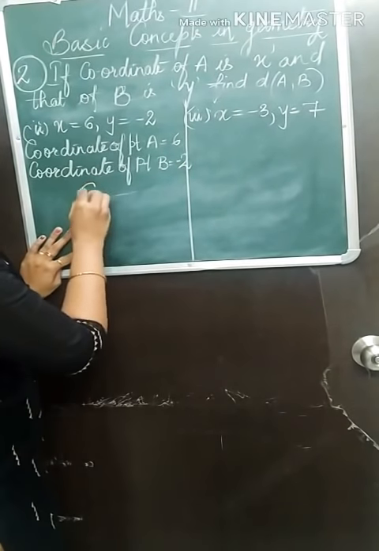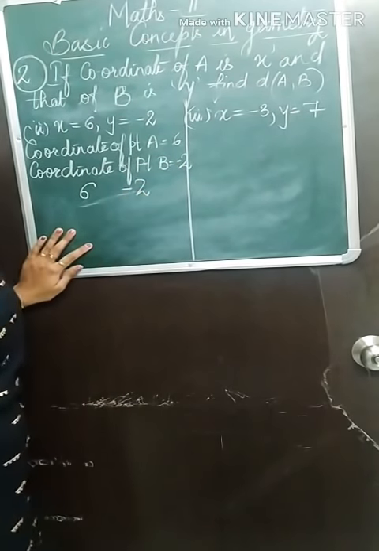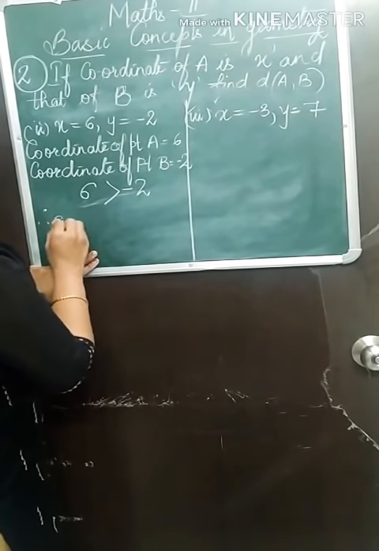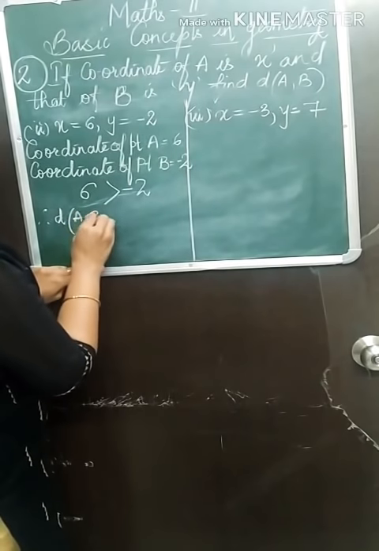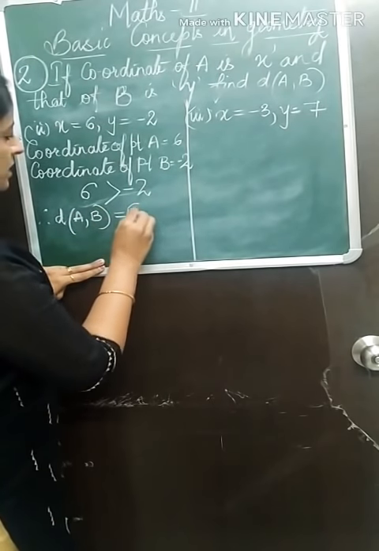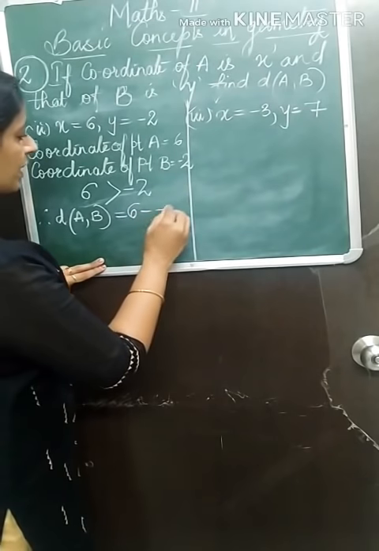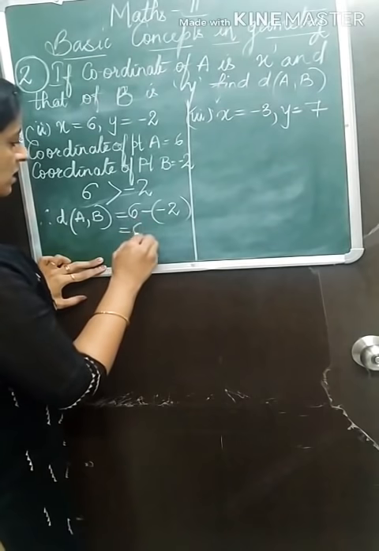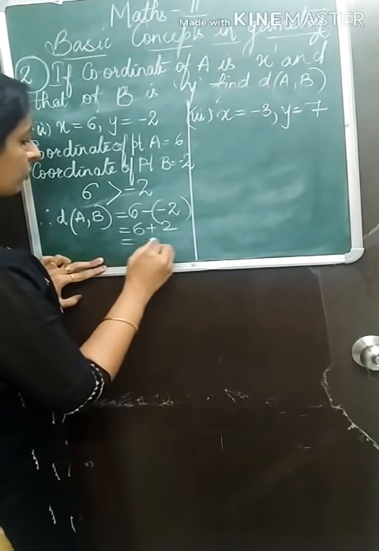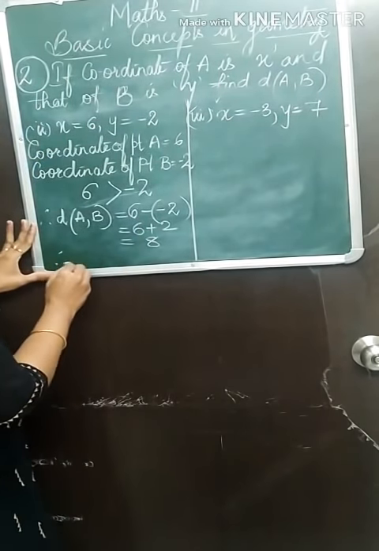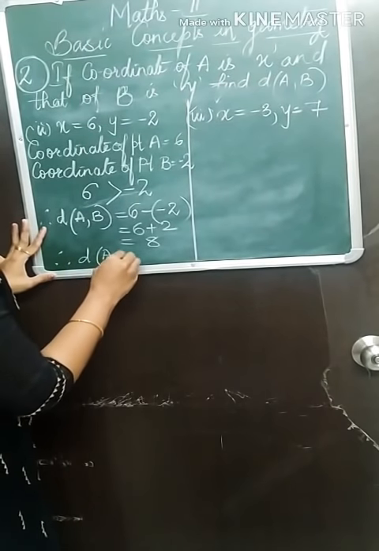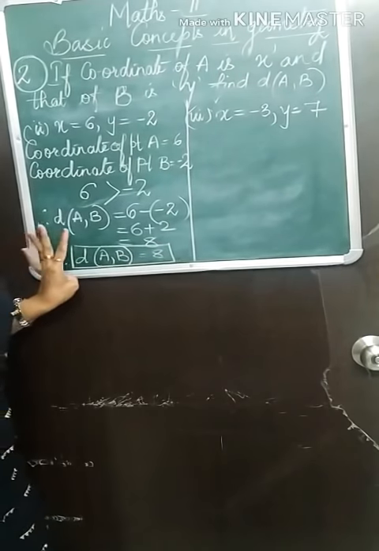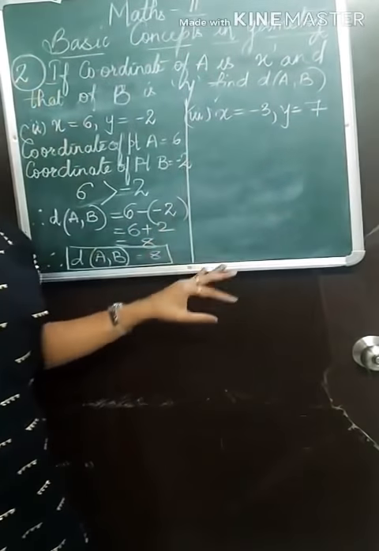Then compare 6 and minus 2. Which is greater number? Obviously 6. So therefore, distance between A comma B is equal to bigger number 6 minus -2. Minus and minus plus. So 6 plus 2 equal to 8. Therefore, final answer, distance between A comma B is equal to 8. Put it in a box. Now next sum.